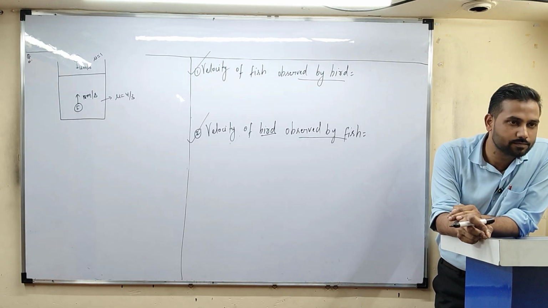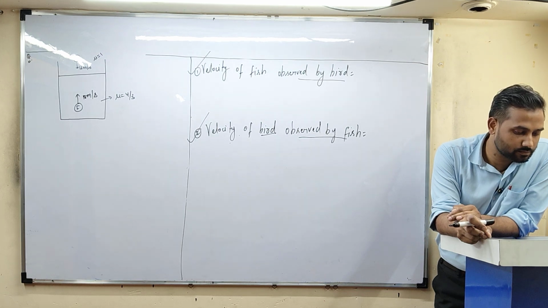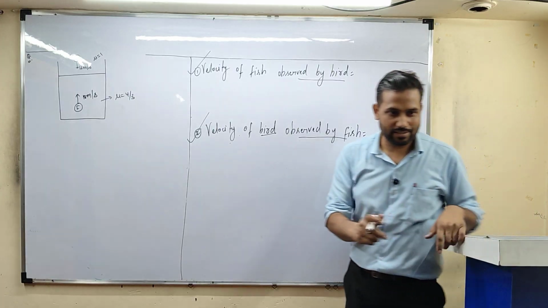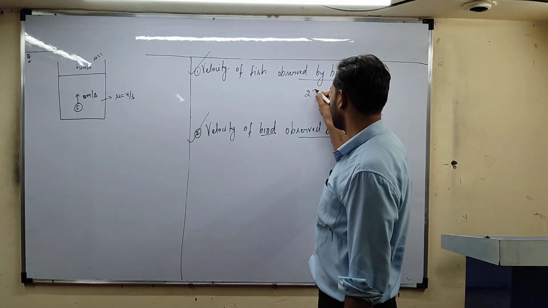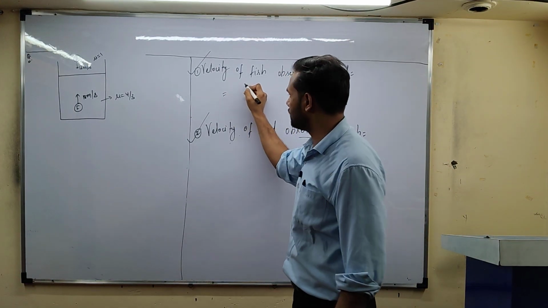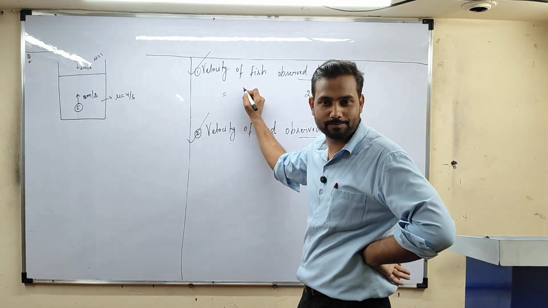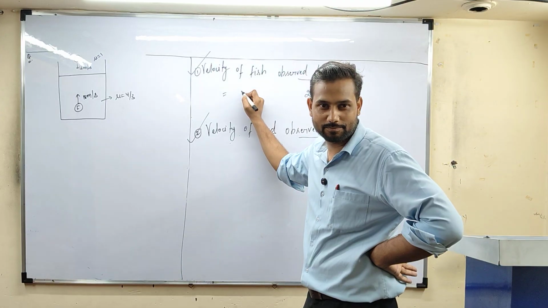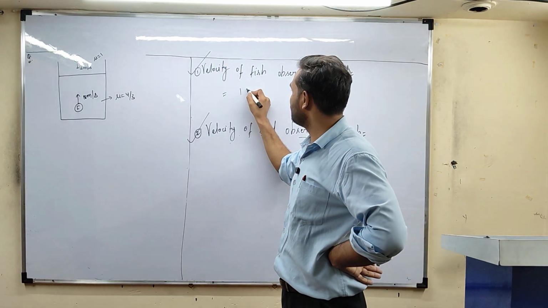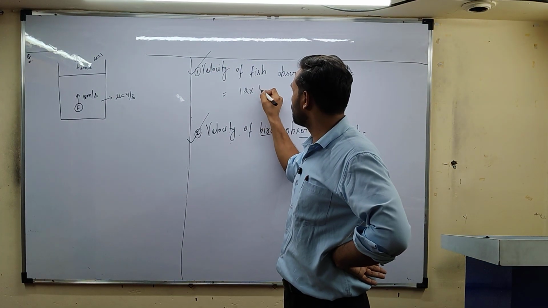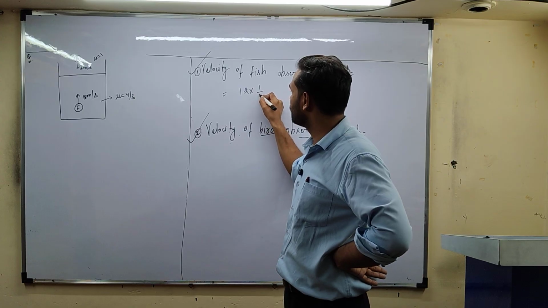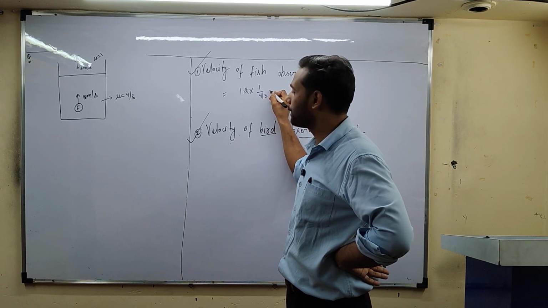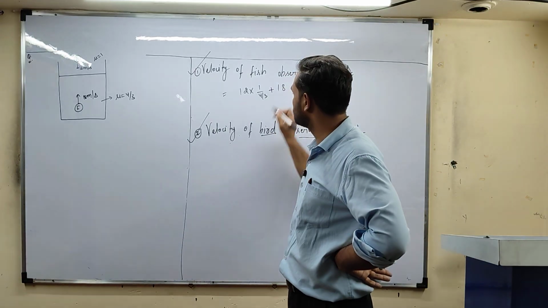What is the answer? First answer 27. Okay. And how will you write the equation? 12 into 1 by 4/3 plus 18.